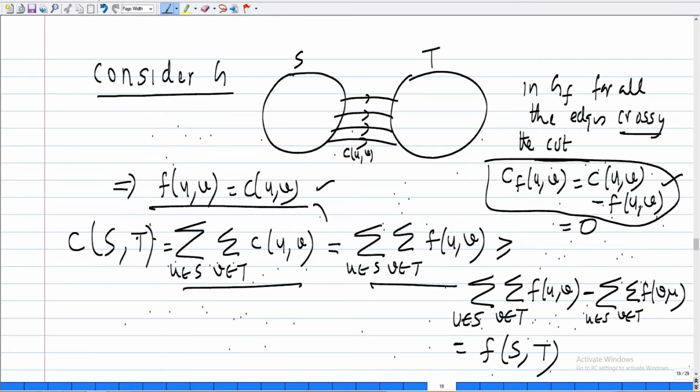This follows from this observation, and this is greater than or equal to the term where you subtract something more, and that is equal to f of s comma t. Therefore, when you have a max flow and you take the special partition, the capacity of the cut is at least as large as the flow. Therefore, the capacity of this cut is equal to f of s comma t.